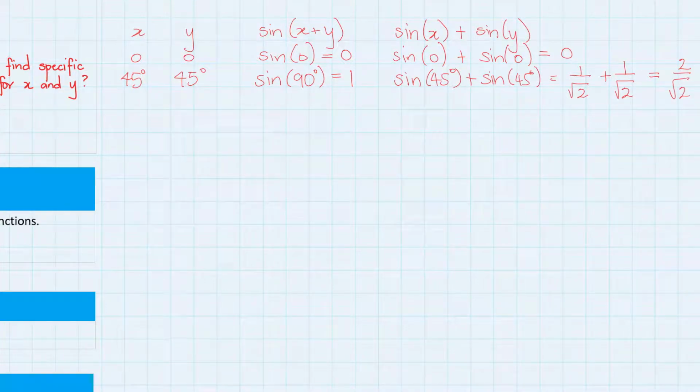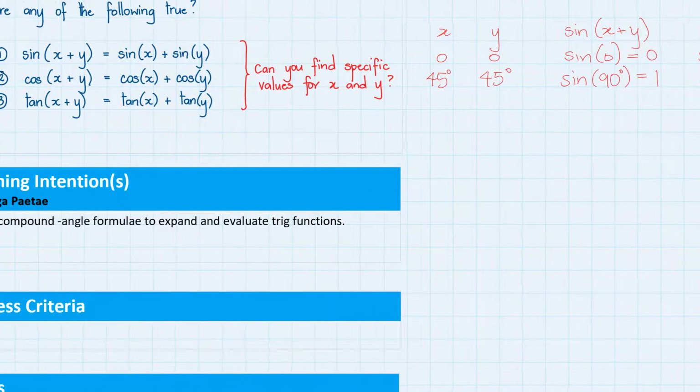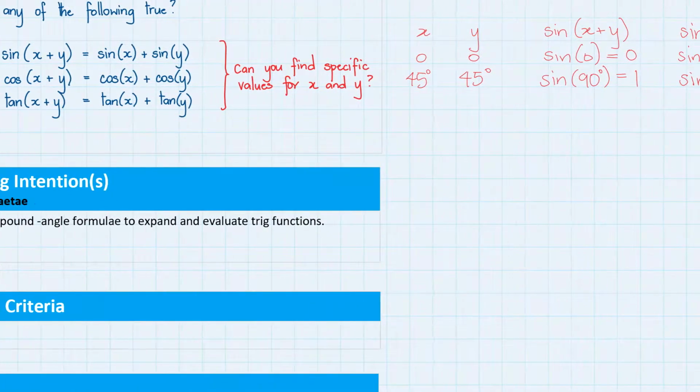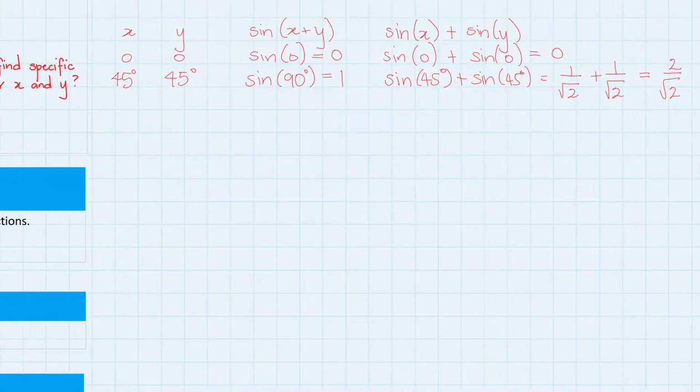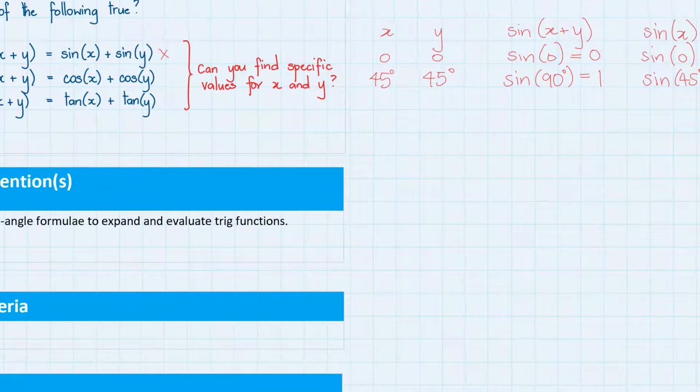So that equation, sine of x plus y equals sine x plus sine y, cannot be true, because it doesn't hold true for that pair of values for x and y, 45 degrees and 45 degrees. We do the same thing for our cosine equation.